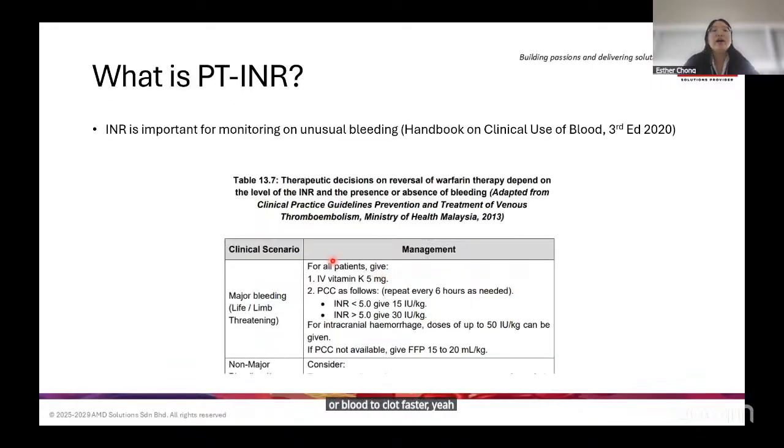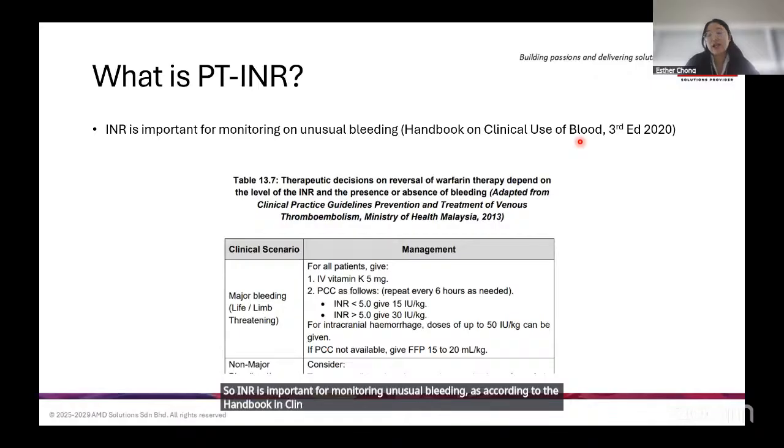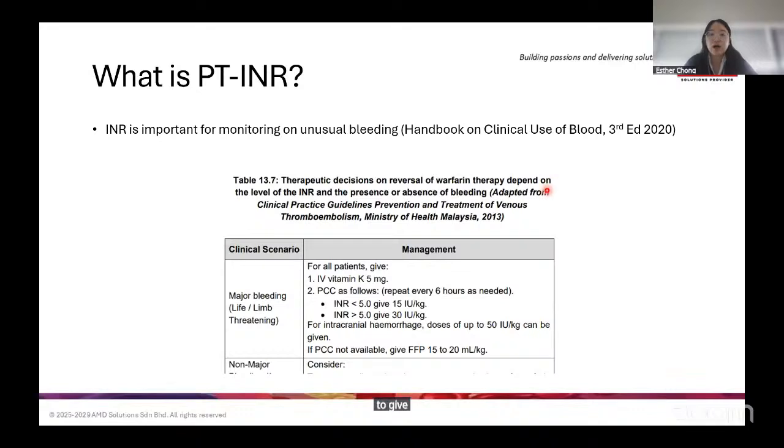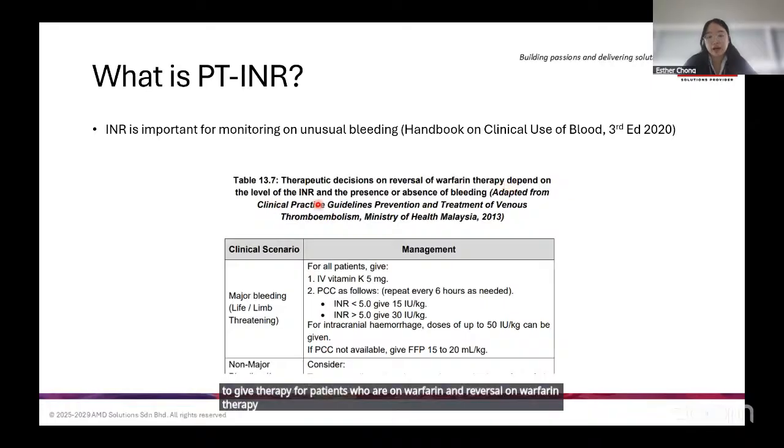So INR is important for monitoring unusual bleeding, as according to the Handbook in Clinical Use of Blood, 3rd edition 2020, where you can see here is that doctor needs to assess INR to give therapy for patients who are on warfarin, and reversal on warfarin therapy depend on the level of INR.